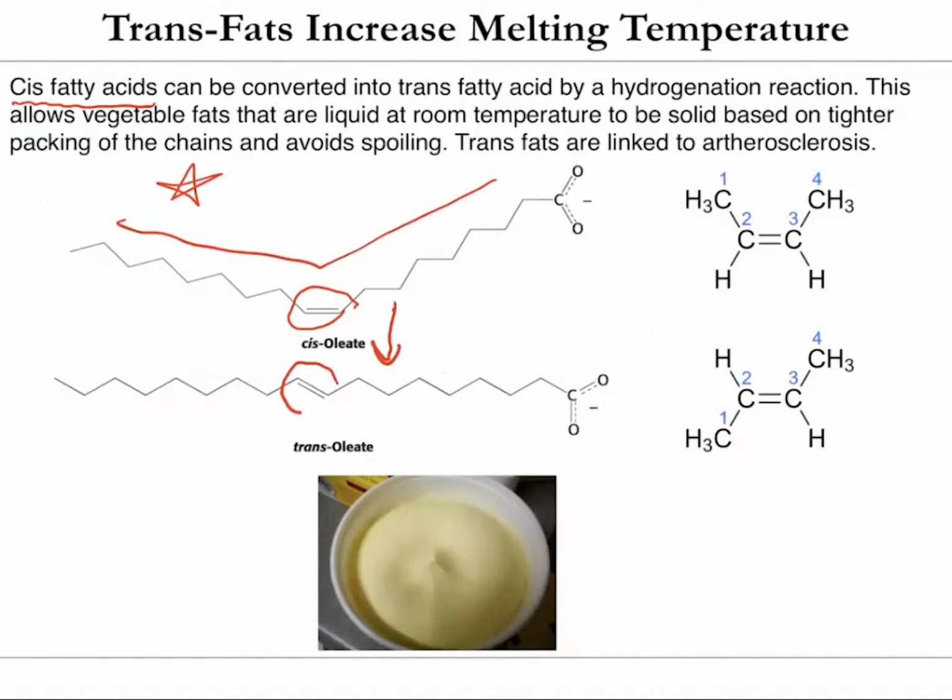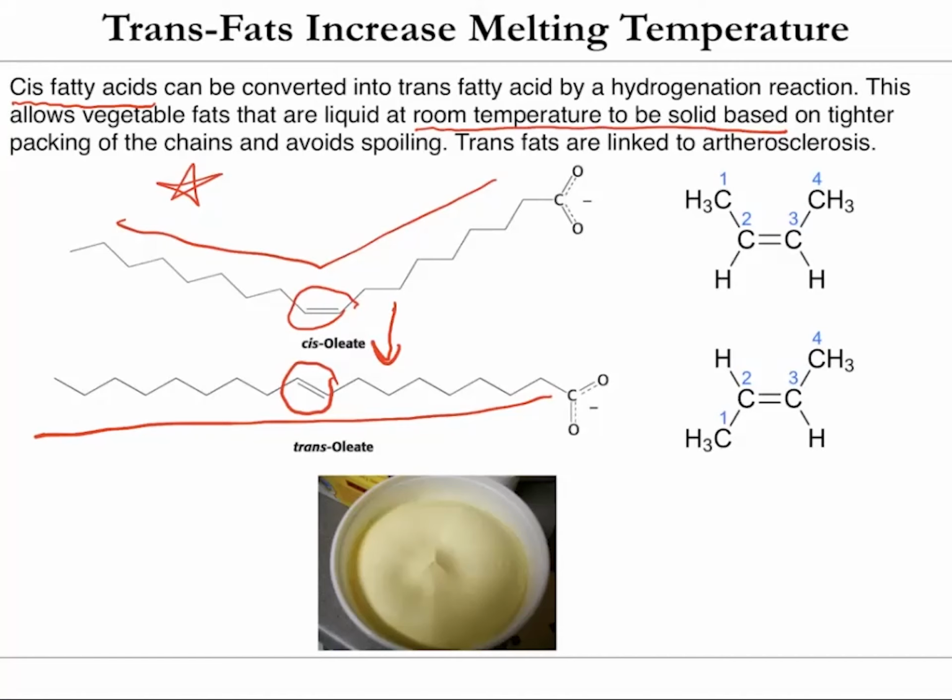They still have the double bond, but no longer have the kink in the chain. This allows something like a vegetable fat that is usually liquid at room temperature to interact with each other, so you can pack more chains into a smaller space. This actually makes these trans fatty acids solid at room temperature.